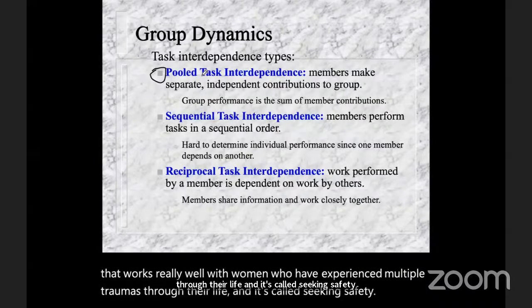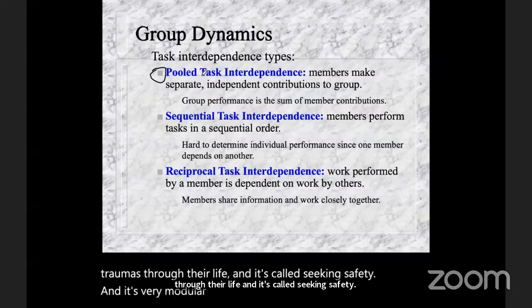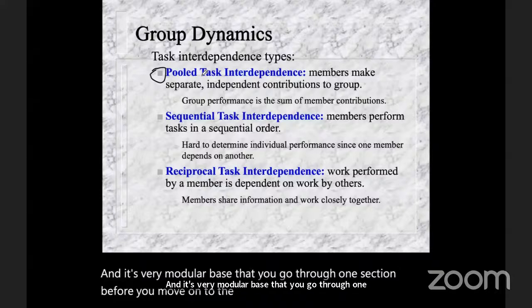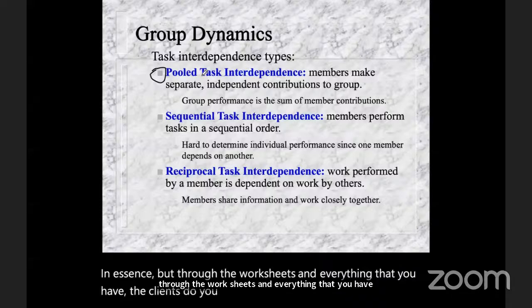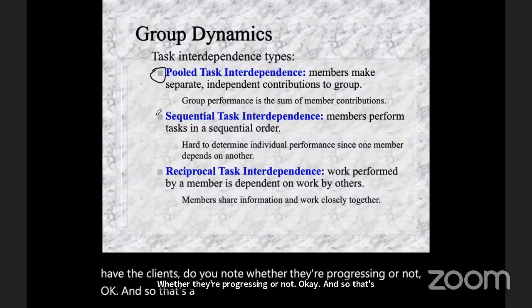It's very modular based, so you go through one section before you move on to the next. Performance really isn't measured in essence, but through the worksheets that you have the clients do, you note whether they're progressing or not. And so that's a sequential type of group section.